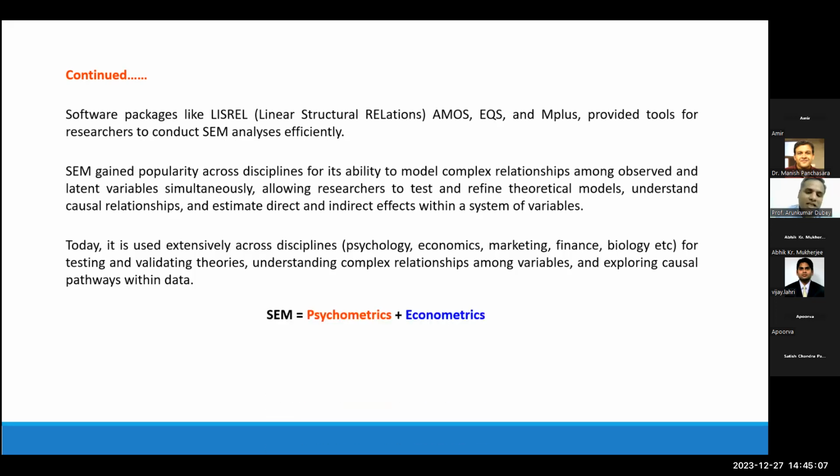So in short, if I have to sum up what SEM is, SEM is a combination of psychometrics and econometrics. When I say psychometrics, it is your factor analysis. And when I say econometrics, it is your regression, predominantly multiple linear regression.